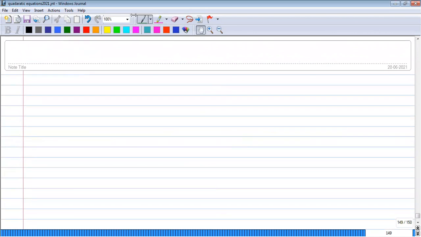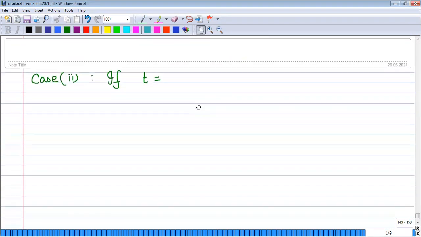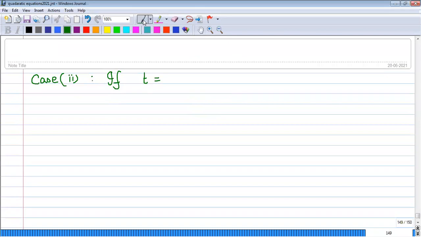Case 2: if t is equal to 6, then x square plus 5x equals 6. X square plus 5x minus 6 equals 0.